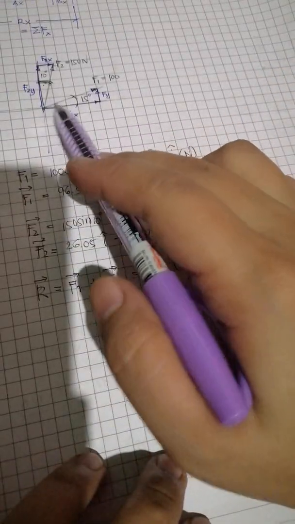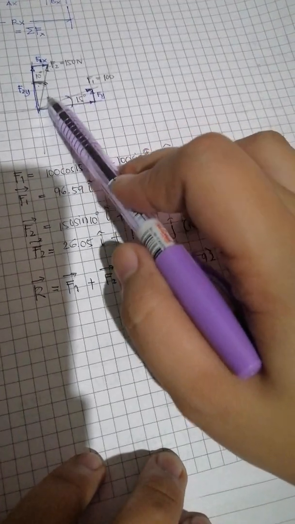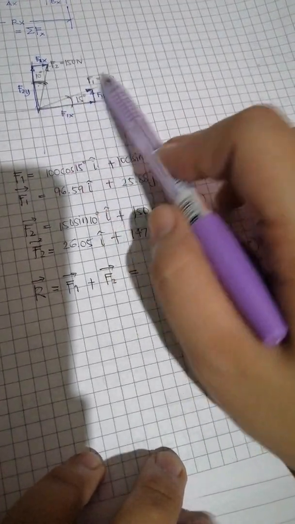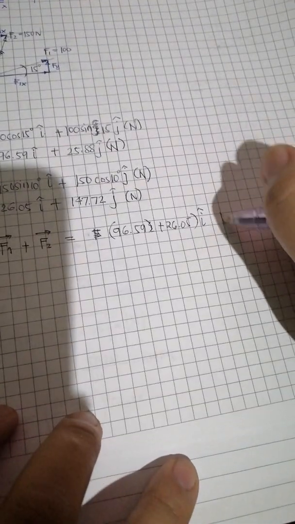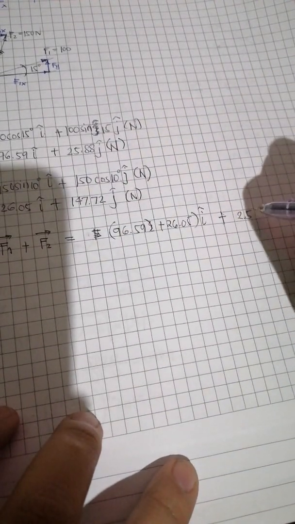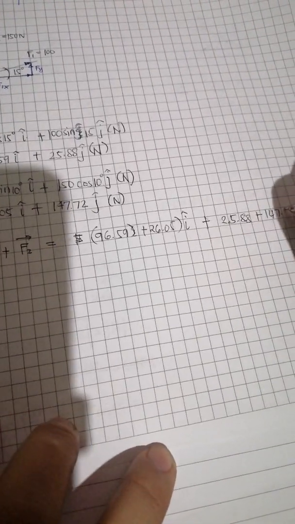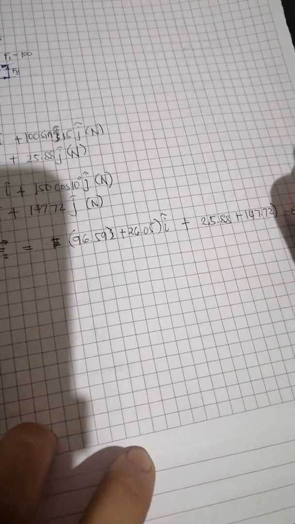Both of them have positive x and y components because the direction is in the first quadrant. So for the j component, we have 25.88 plus 147.72 j hat.